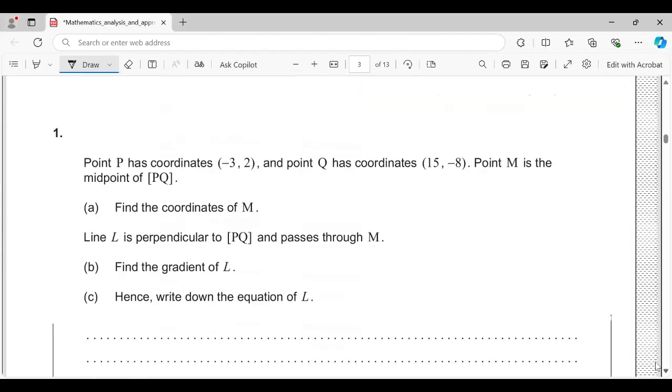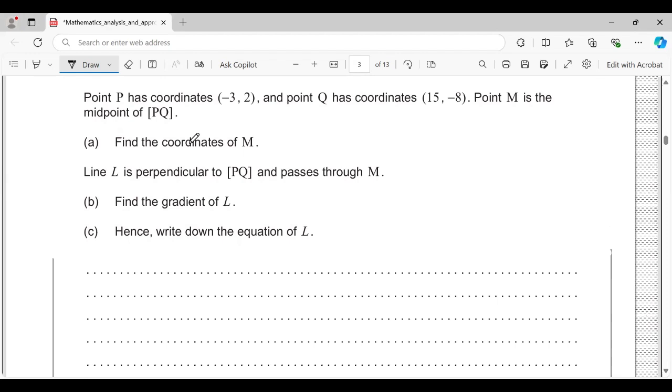Number 1. Point P has coordinates (-3, 2) and point Q has coordinates (15, -8). Point M is the midpoint of PQ.